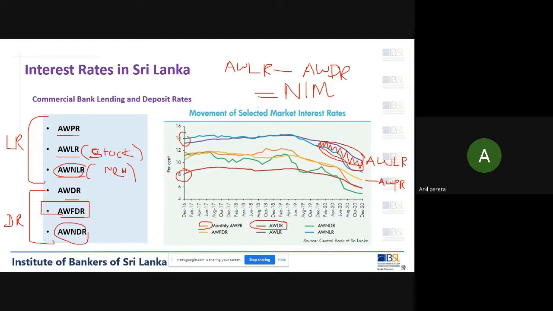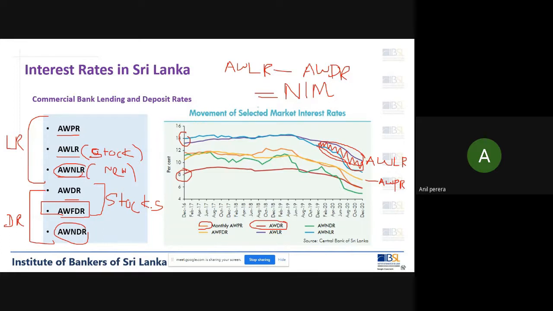For that matter, you calculate AWFDR, the average weighted fixed deposit rate, which we define as the weighted average for all rupee denominated fixed deposits in a particular period. Both these rates are based on the stocks. Stocks means the total stock of deposits.